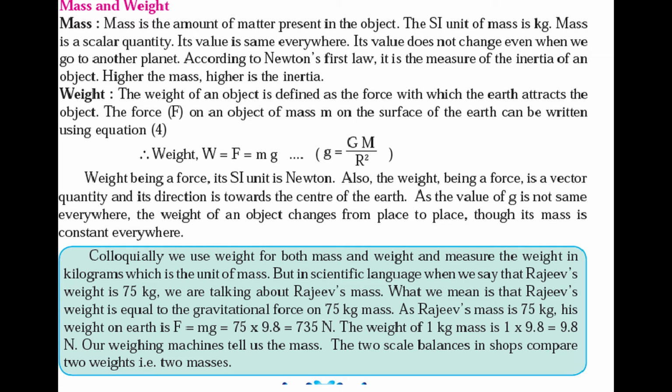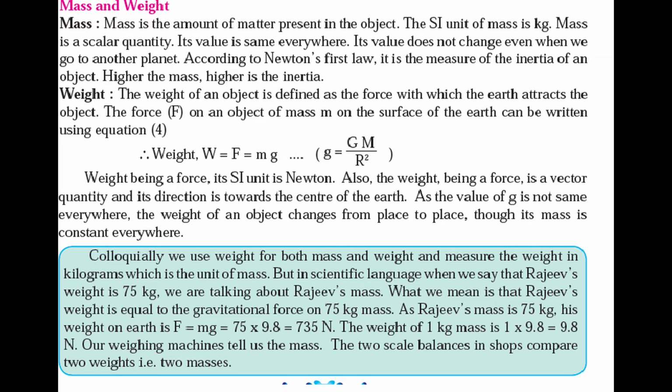So weight is a force, so the unit is again Newton. Also, the weight being a force is a vector quantity and its direction is towards the center of the Earth. Remember, mass is a scalar quantity, weight is a vector quantity. As the value of g is not the same everywhere, the weight of the object changes from one place to another. Mass doesn't change, weight changes.